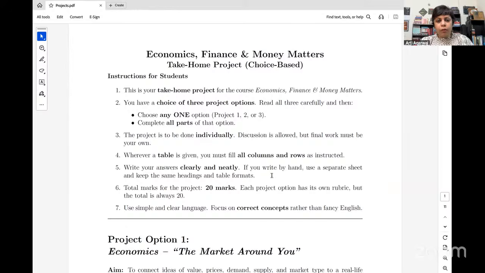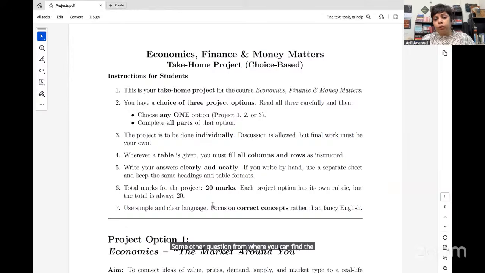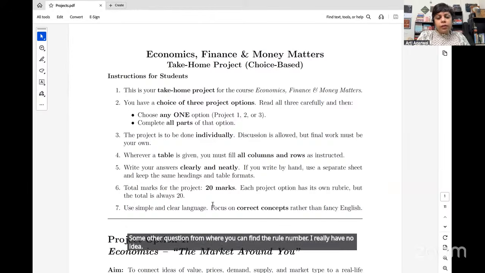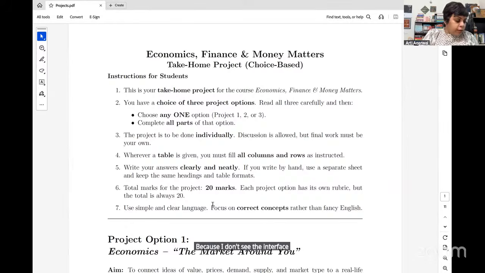There's some other question about where you can find the roll number. I really have no idea because I don't see the interface you guys see. This also I have answered right in the beginning of the class itself. Harita J, have you just joined the class?